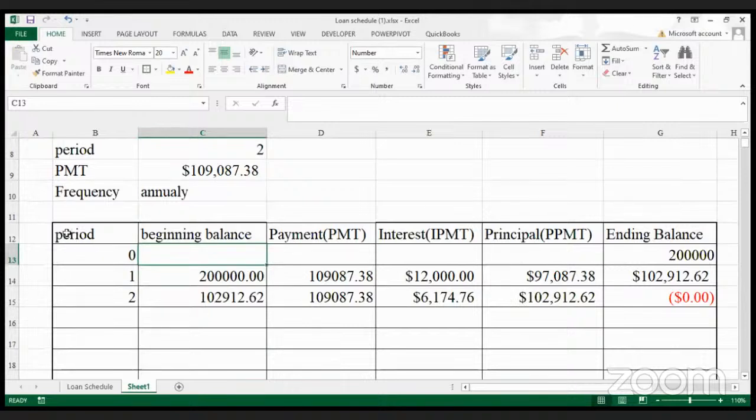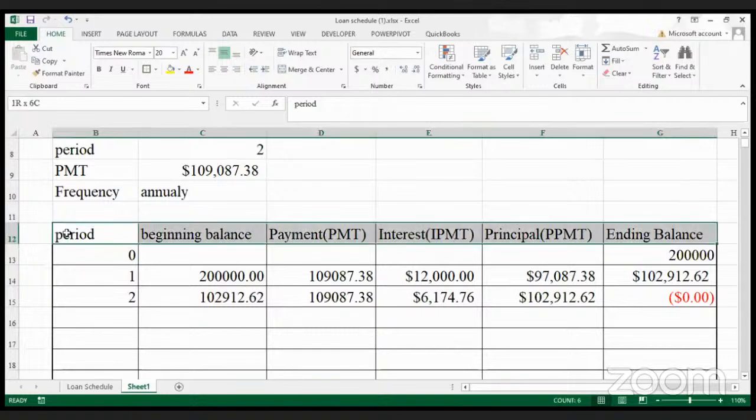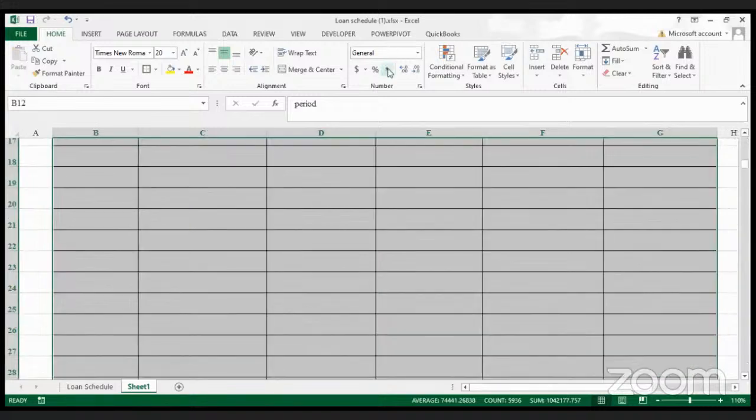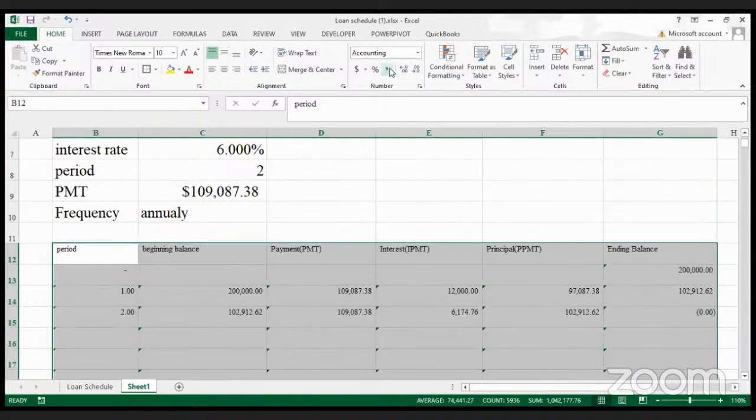Then we reduce it to maybe 0, but 2 is okay with this illustration.